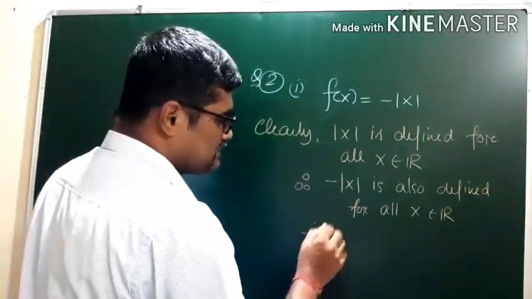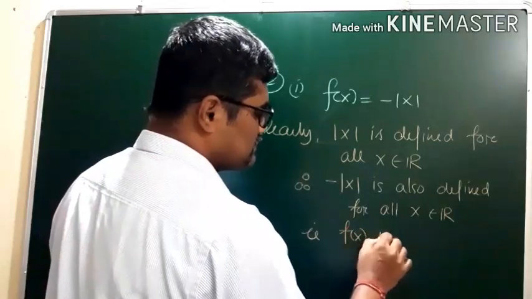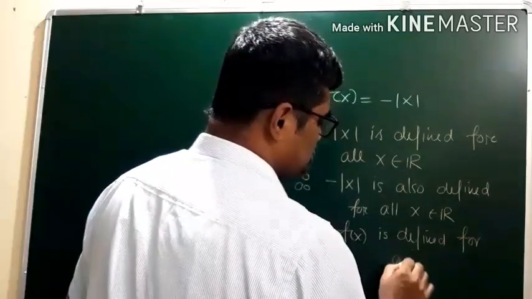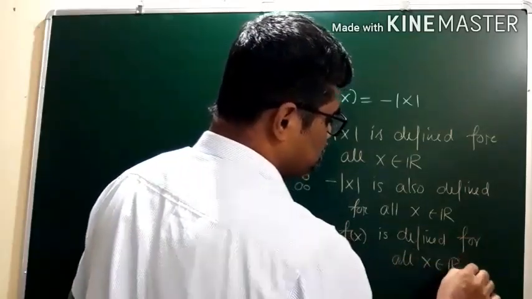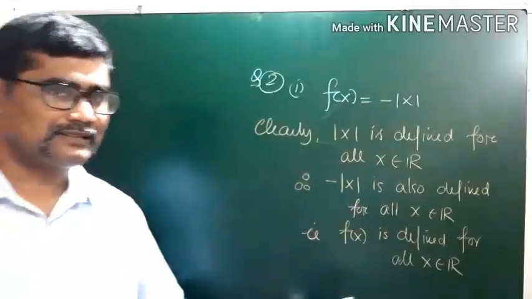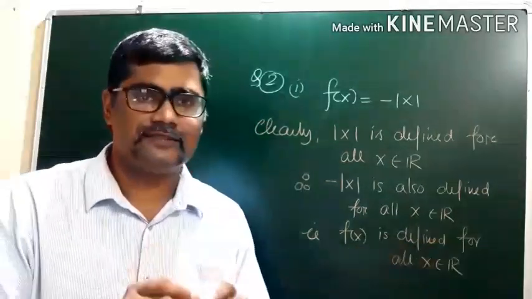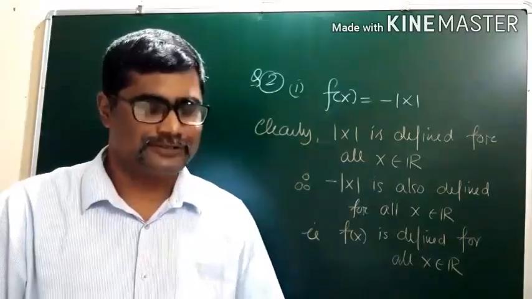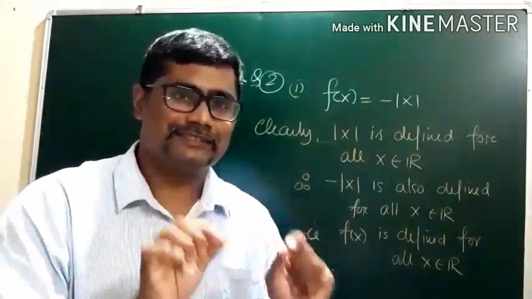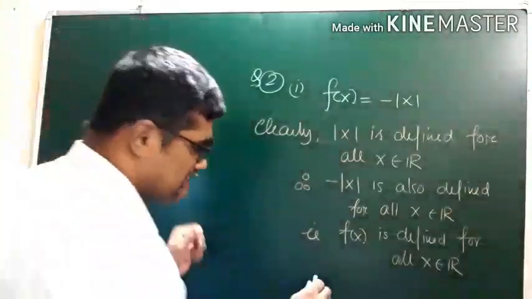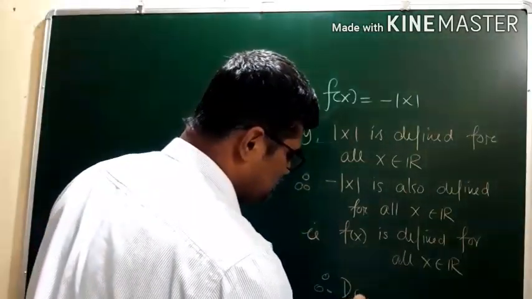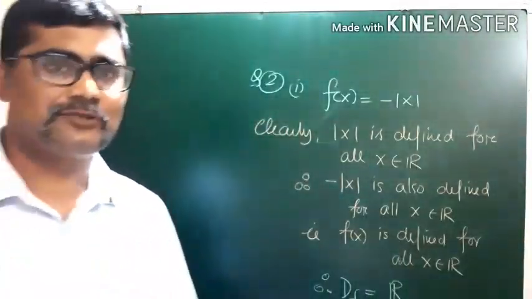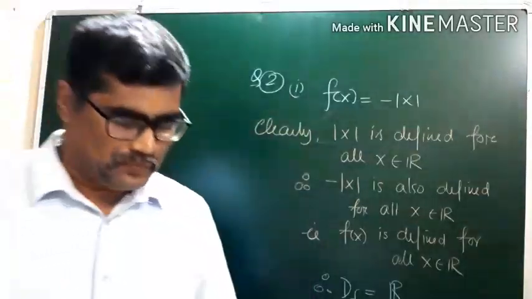Now you see the last statement: f of x is defined for all x belonging to R. That means for every real number f of x can be found, meaning the domain is the set of real numbers. Therefore, the domain of the function is the set of real numbers. So we have found the domain of the function.